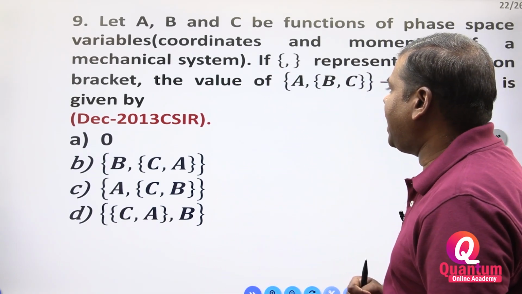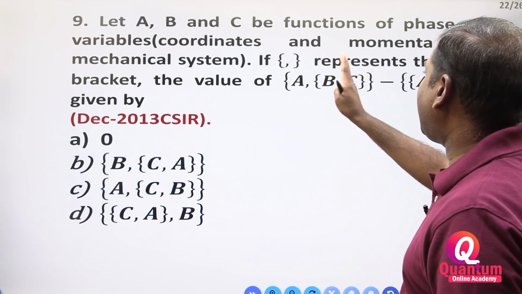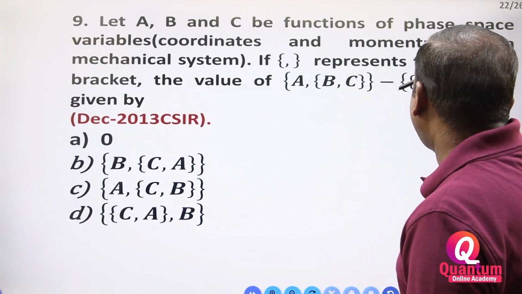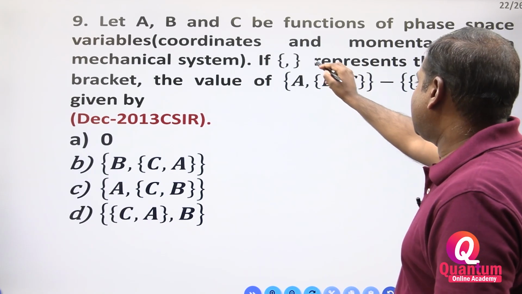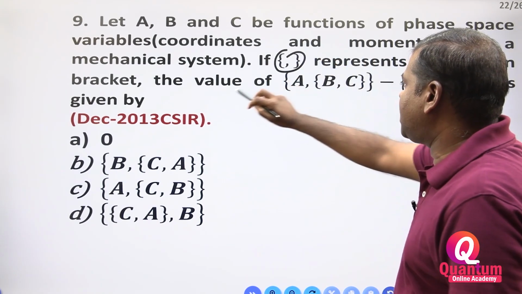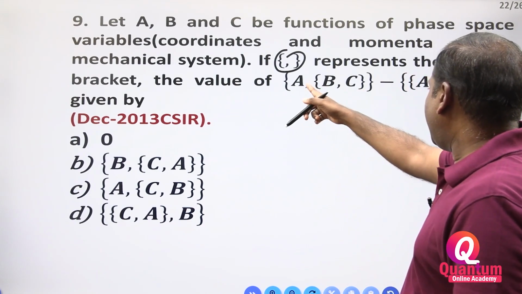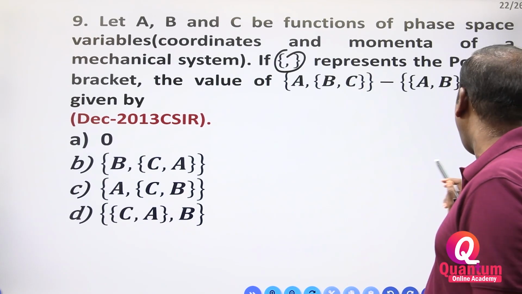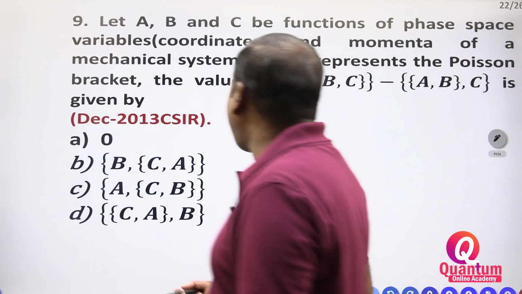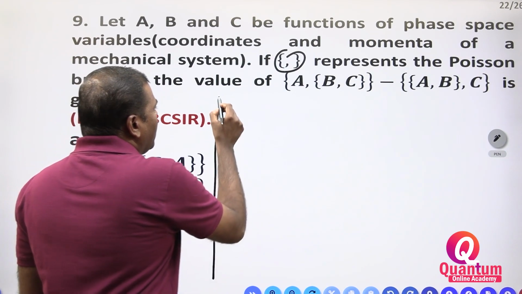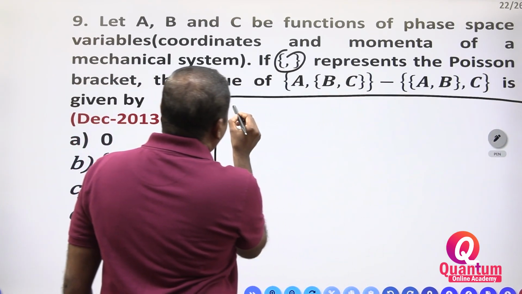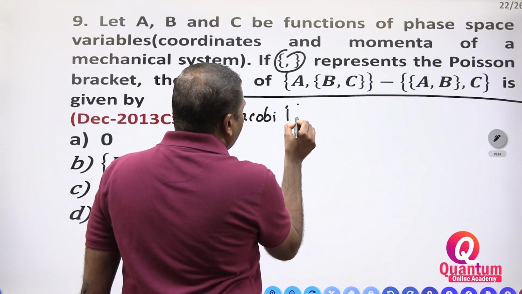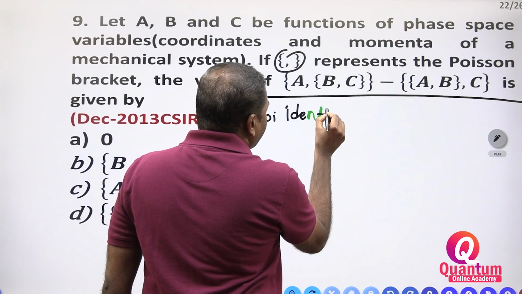Now you have to see the ninth one. Let A, B and C be functions of phase space variables, coordinate and momentum, of a mechanical system. This is the Poisson bracket. The value of [A, B], C minus [A, B, C] is how much they are asking. What is a Poisson bracket? Once you have to see the Poisson bracket, Jacobi identity is there.